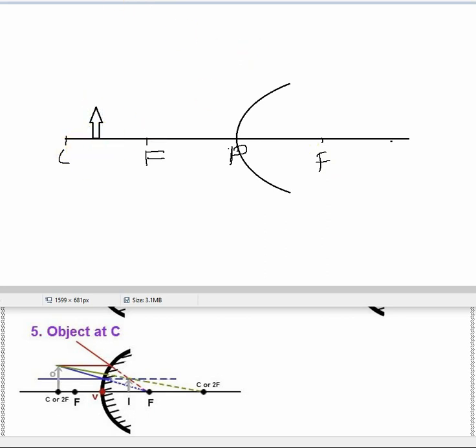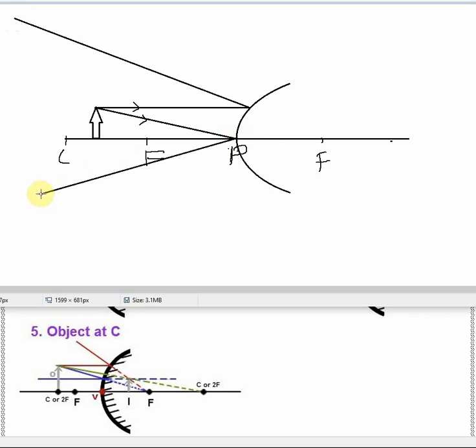here. So now first light parallel to principal axis falling on it, second light at P, here give the arrows. Now the reflection, first light reflected like this, second light will reflect like this.